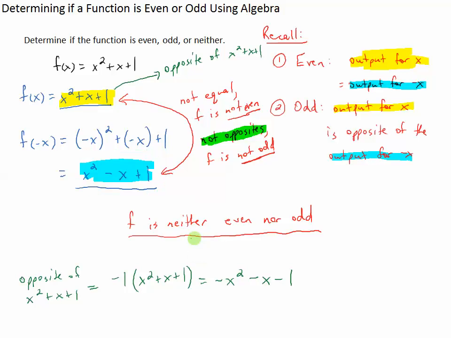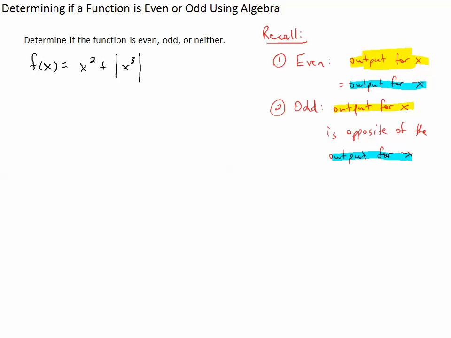F of x equals x squared plus the absolute value of x cubed. The first thing we want to do is look at f of x, the output for x. Well, that's clearly x squared plus the absolute value of x cubed. So we have the yellow part over here, the output for x. Now we need to look at the output for negative x.